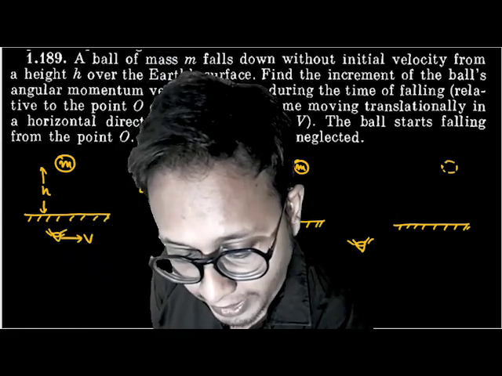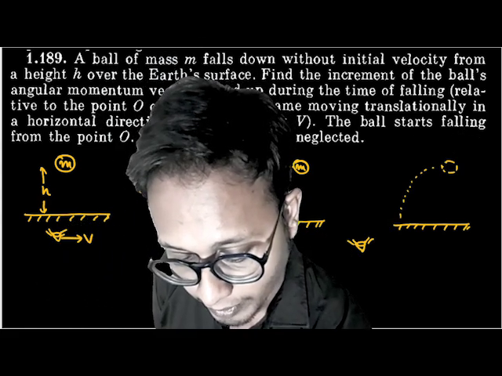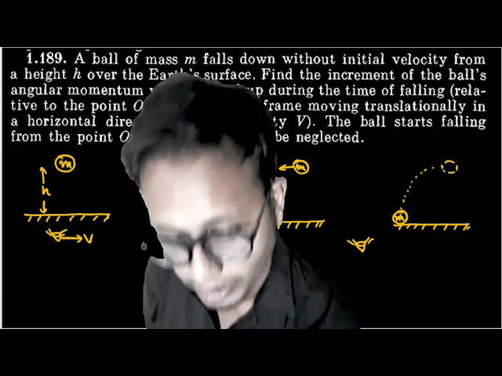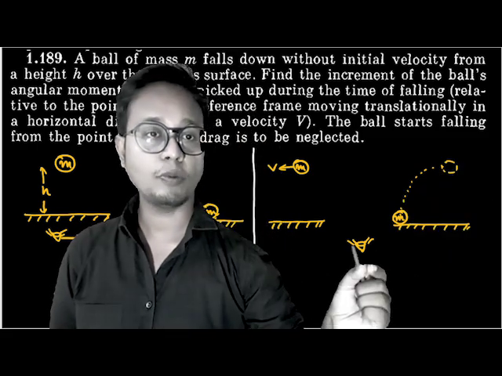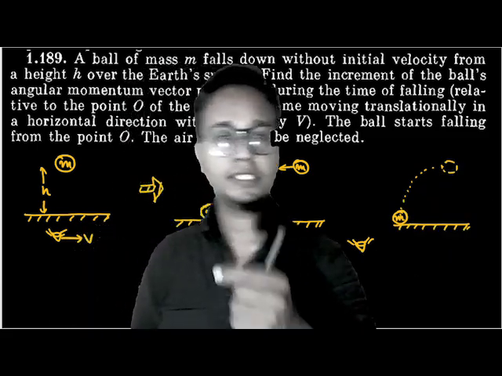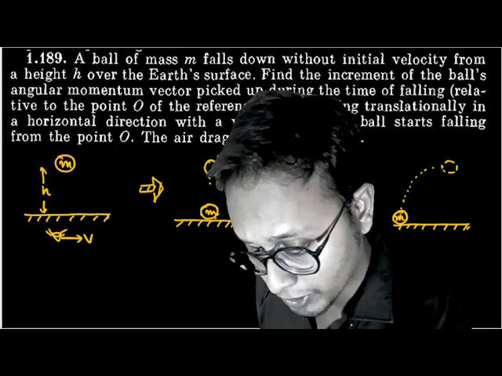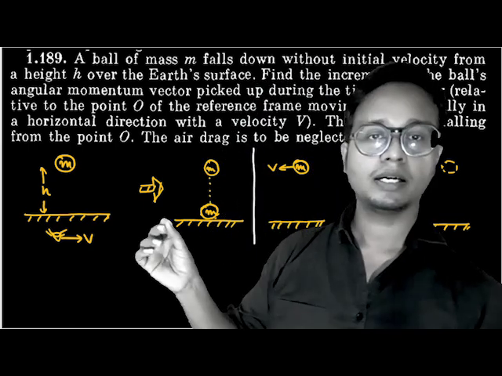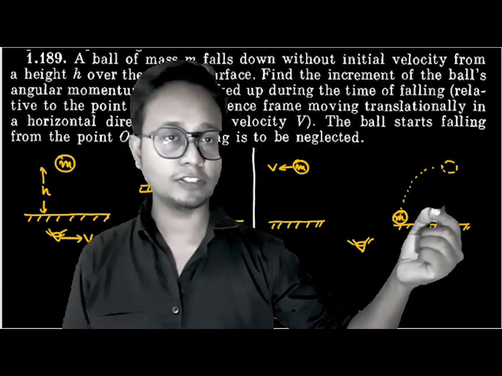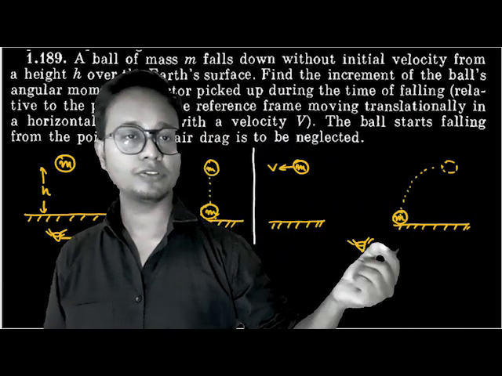So the ball will follow a trajectory in this manner, and the ball will come out here. This path is with respect to the observer. The ball will straightly come down with respect to someone sitting on the ground. This is the trajectory as observed by someone sitting on the ground, and this is the trajectory as observed by this frame of reference or this observer.